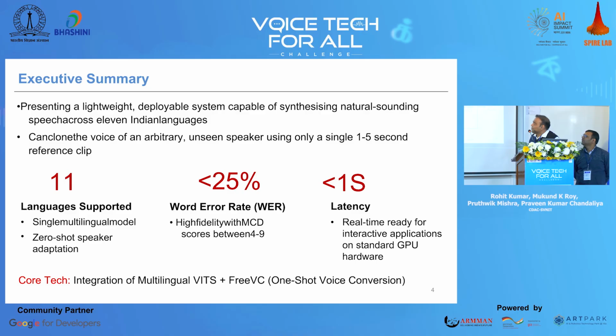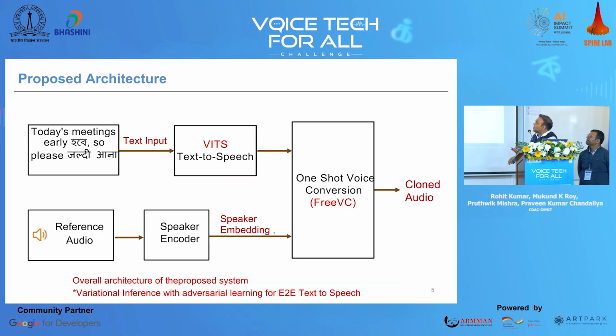Good afternoon, everybody. This was the architecture that we followed. A user can give code-mixed text like "today's meeting early hobe, so please jaldi aana", and that goes into our VITS model.